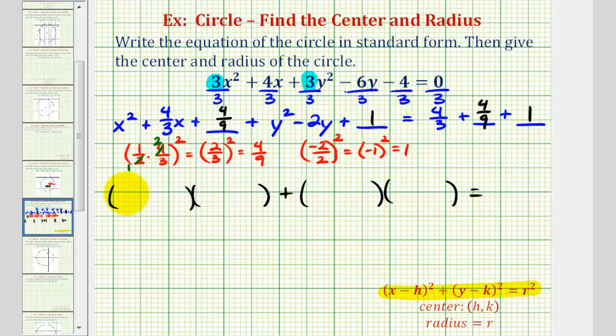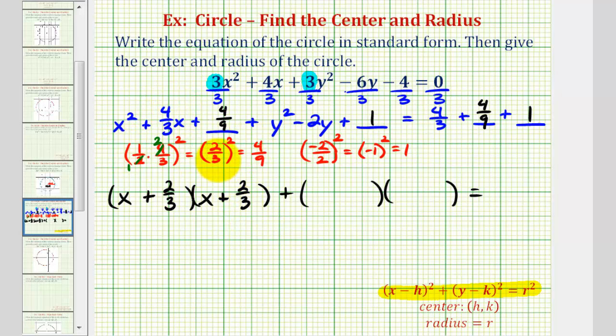Factors of x squared are x and x. Now we want the factors of 4/9 that have a sum of 4/3. That's not an easy question. The two equal factors that we need will come from the number we squared to get the 4/9, which is 2/3. This is positive 2/3 squared, so we'll have plus 2/3 and plus 2/3, which means 2/3 times 2/3 is equal to 4/9, and 2/3 plus 2/3 is equal to 4/3.